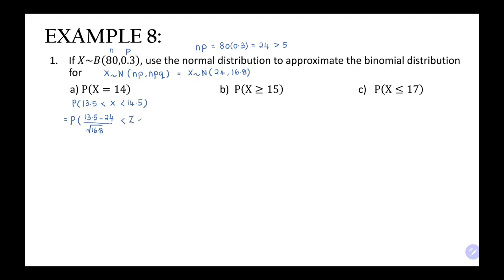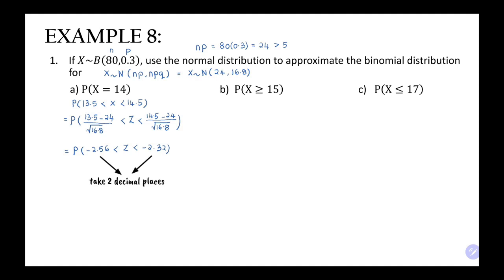Z for 14.5 minus 24 divide by square root of 16.8. Then we solve, we get negative 2.56 and negative 2.32.